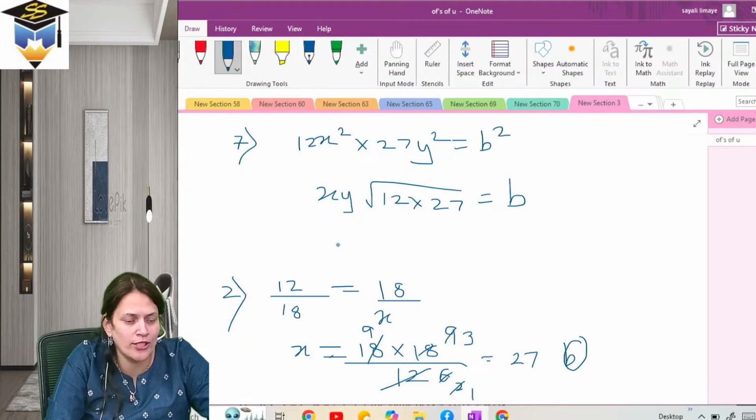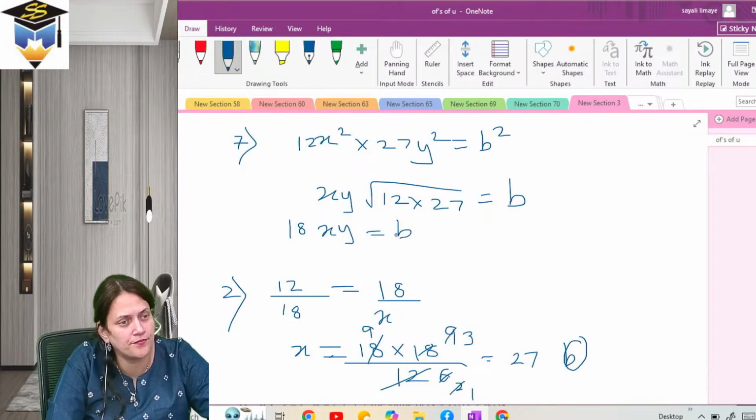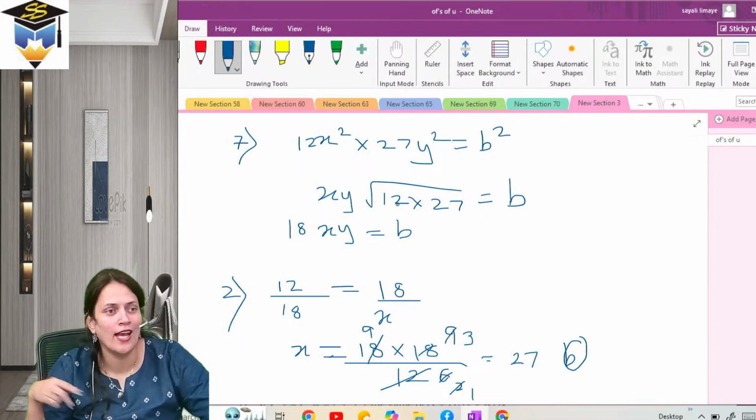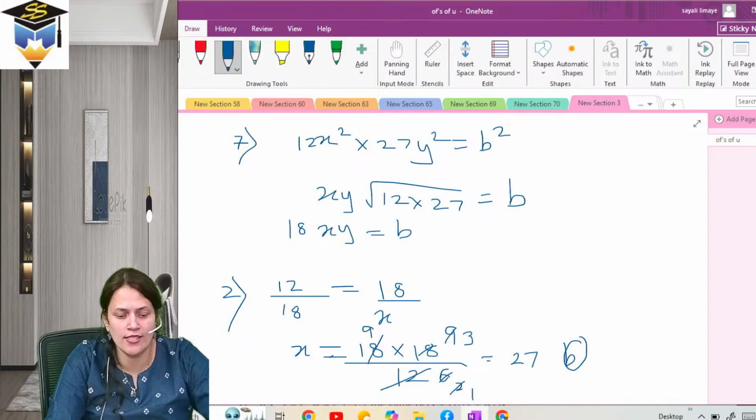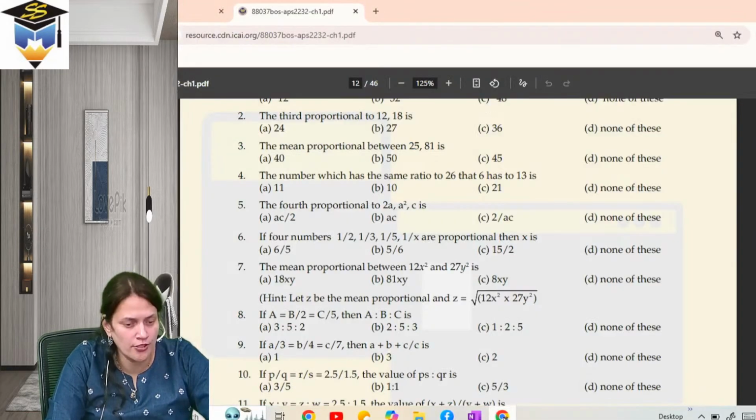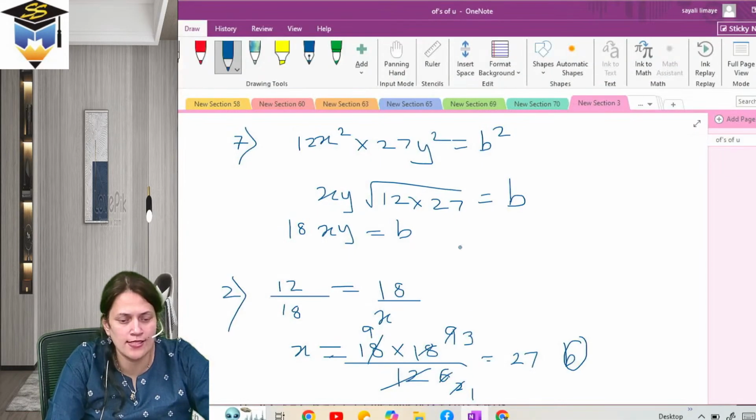So it will be 2 into 3 square. Right? So 18xy will give you the value of b. Square root, okay? So 12 can be written as 4 into 3 and 27 is 3 times 3. Okay? So the answer is 18xy, option A for question number 7.